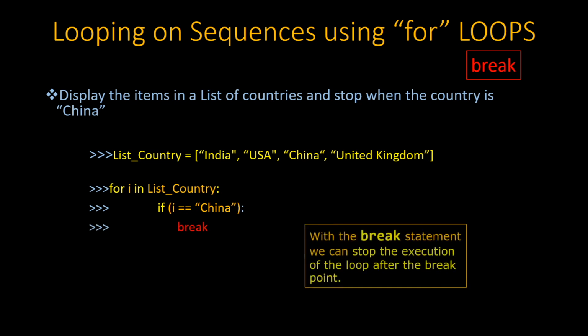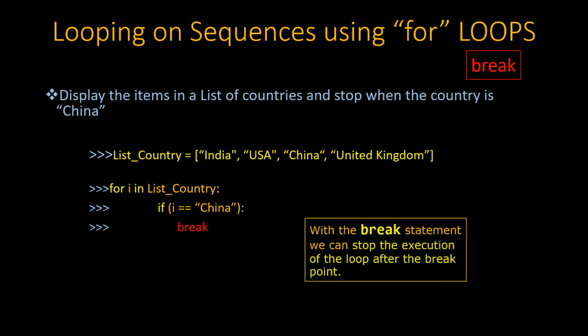With the break statement we can stop the execution of the loop after the break point, so the elements after the break point, after China, are not executed. So when I print I, it will give India and USA.